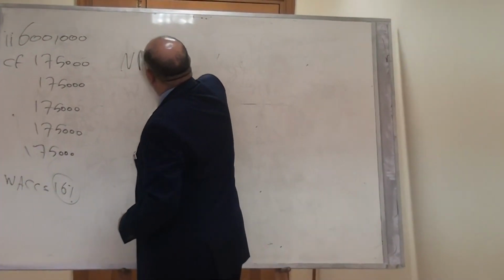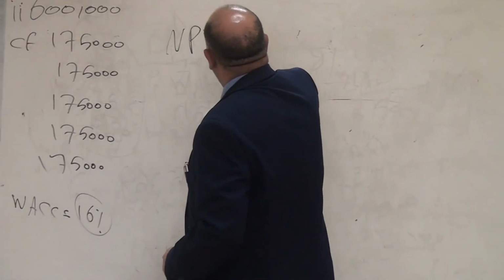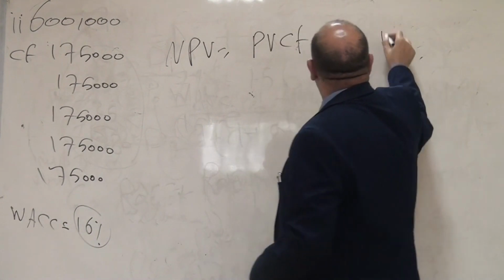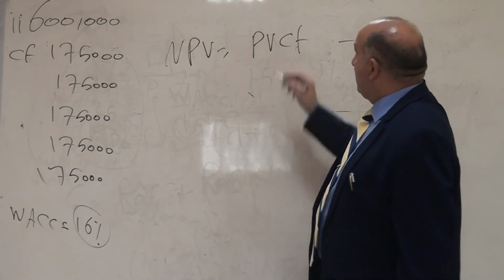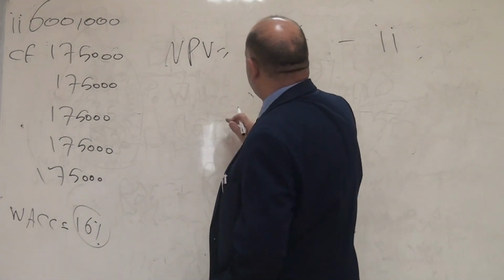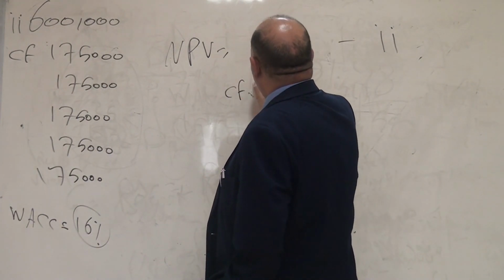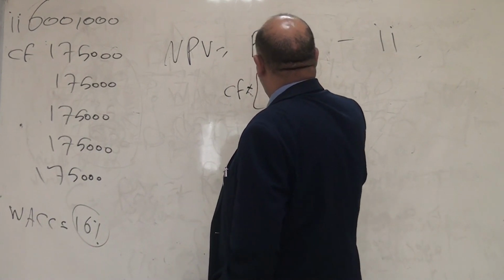Remember that NPV equals the present value of the cash flow minus the initial investment. The present value of the cash flow, this is an annuity, equals the cash flow multiplied by the factor.